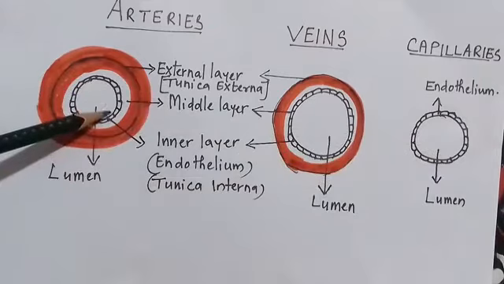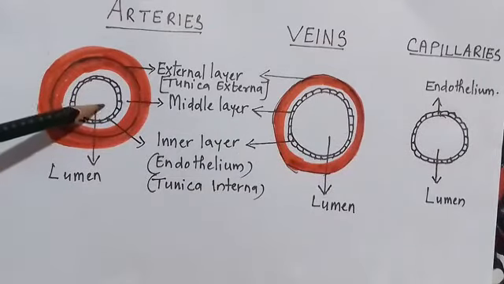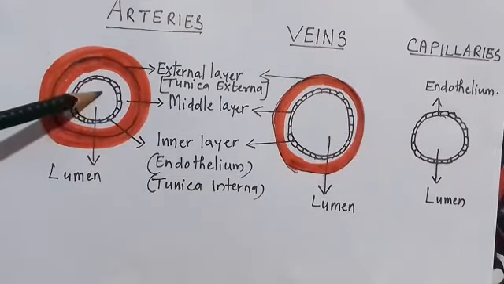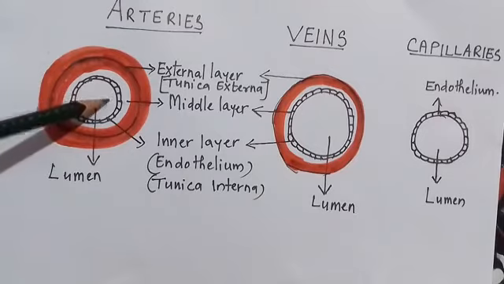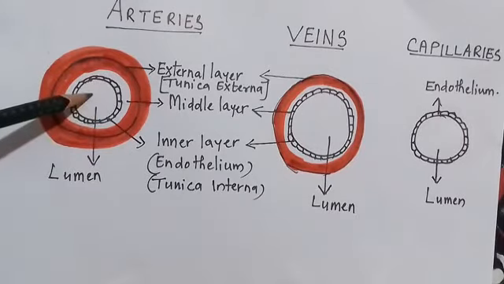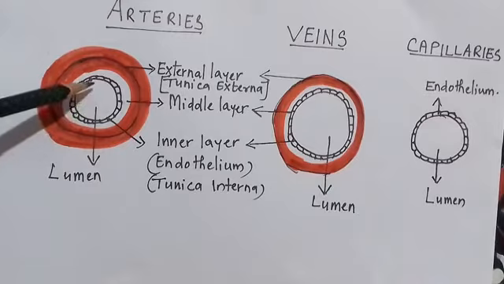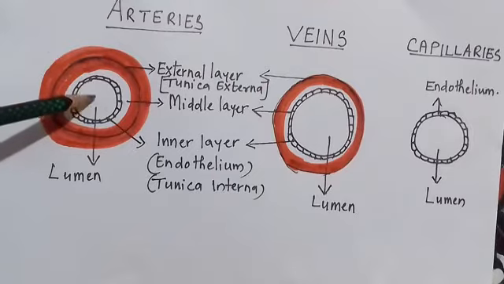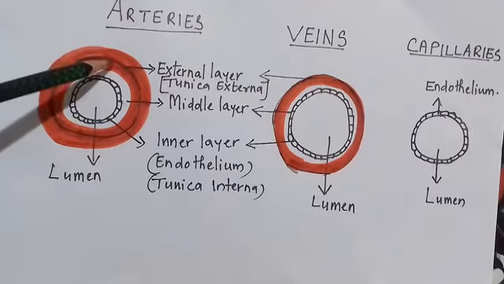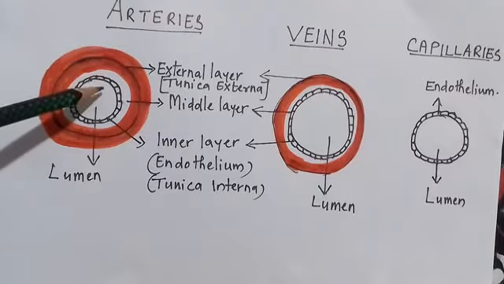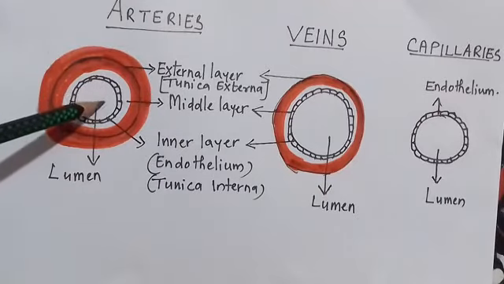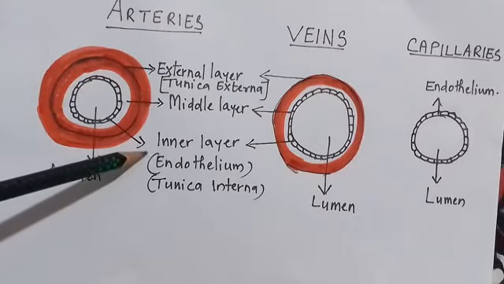Now the structural differences. Arteries carry fully oxygenated blood except the pulmonary artery, which is a very important exception. Only the pulmonary artery carries deoxygenated blood from the right ventricle to the lungs for purification. So all other arteries carry what type of blood? Oxygenated blood from the heart to different organs.